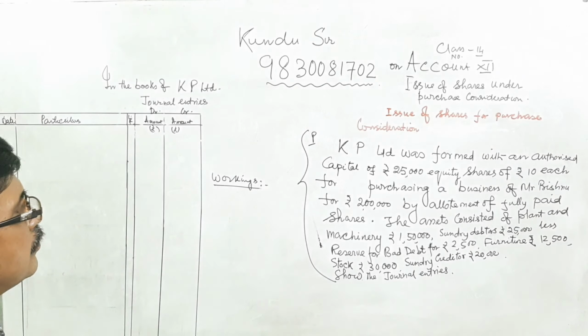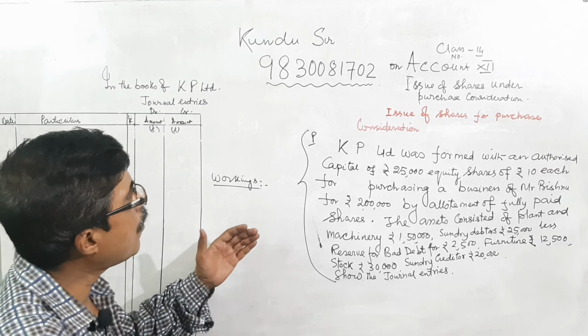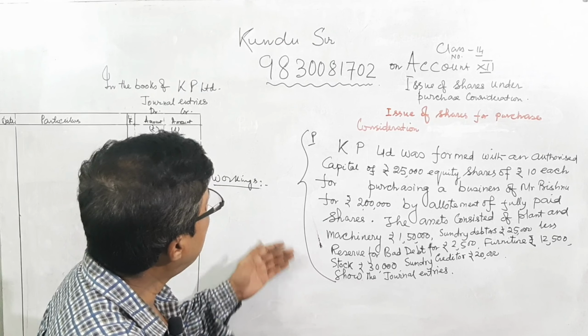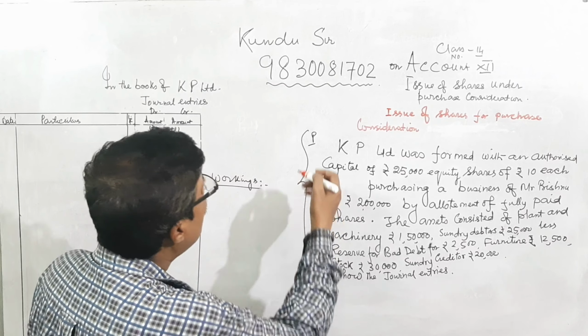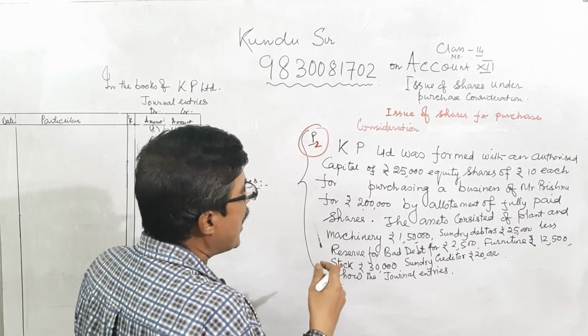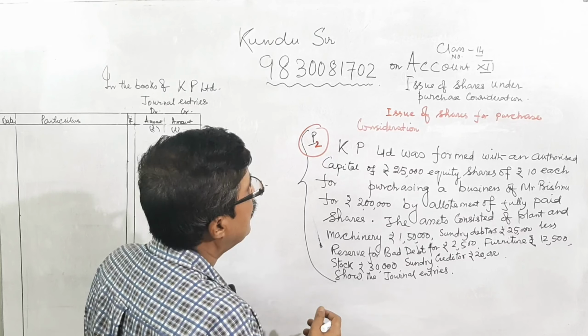Dear students, it is the second problem today, that is problem 2. Against purchase consideration, shares will be issued by the company.